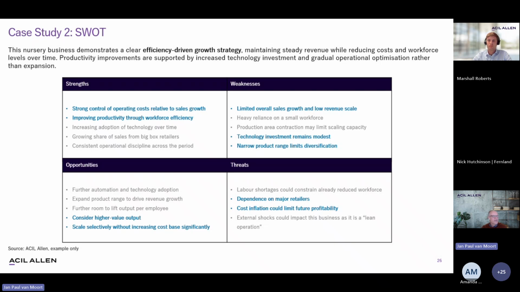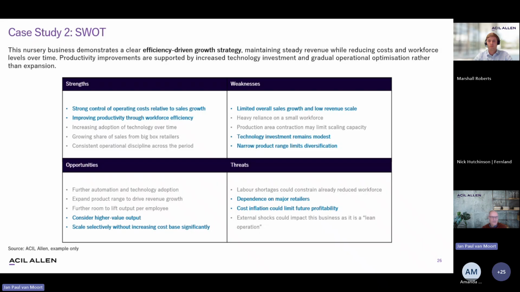And they've maintained a modest level in technology, which suggests that might be something there, or could actually be a capital constraint that they face in sourcing the funds to invest in technology. And compared to some of their peers, they still have a narrow product range, so there may be some opportunities to grow different things for different clients.